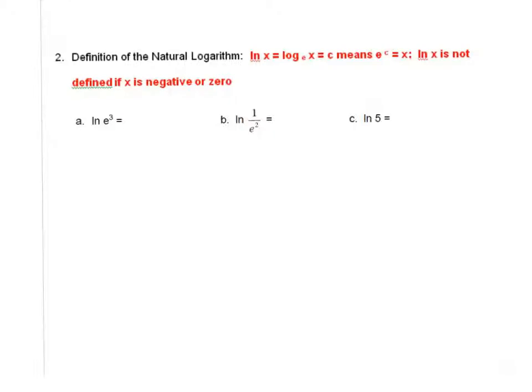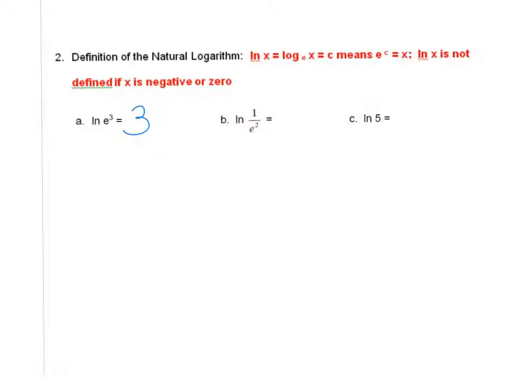For a log base e, that is ln, or the natural log. So you can copy down that definition. And now we can have a shortcut for number 2. I'm sorry, for A. Because ln and e are the same base, we can ignore them and get a value of 3.